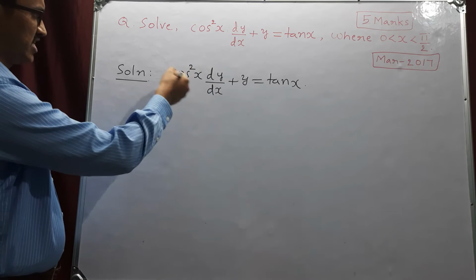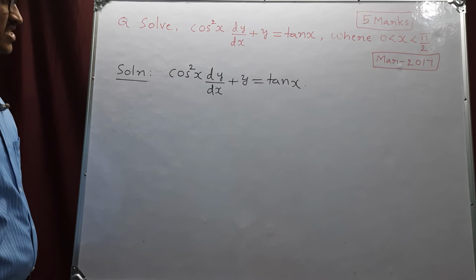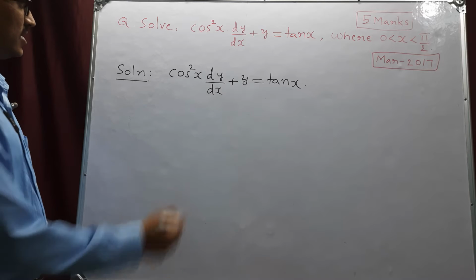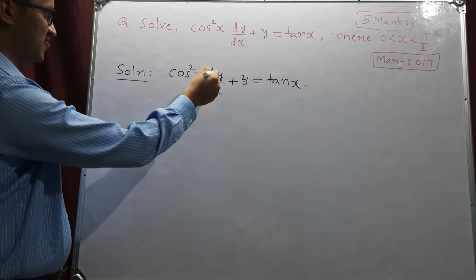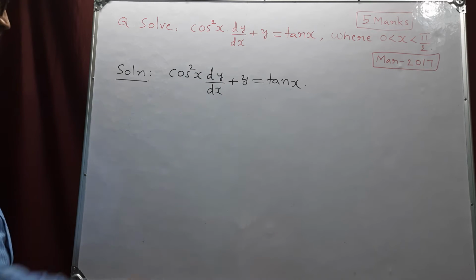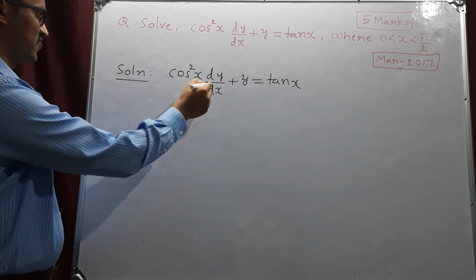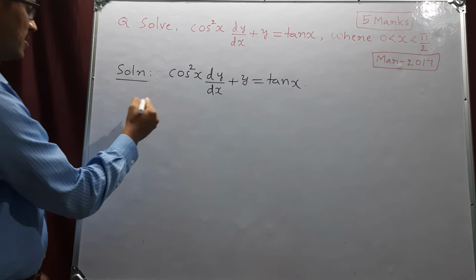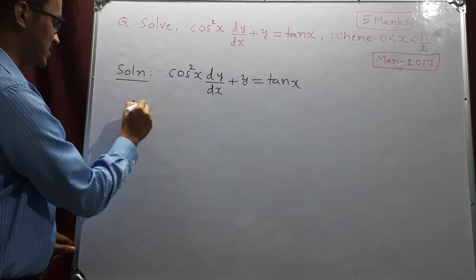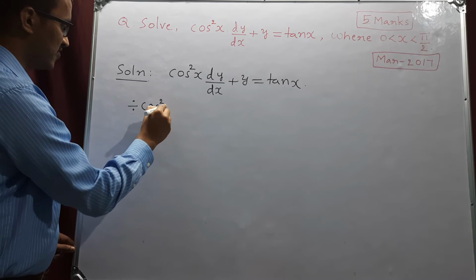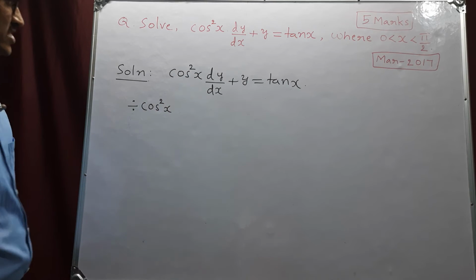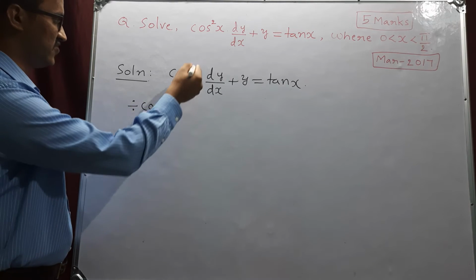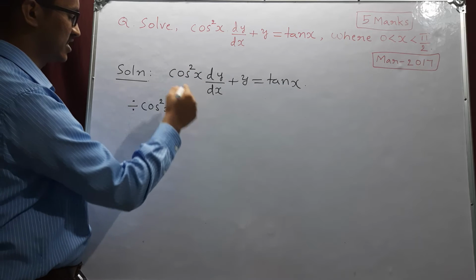To check this, let us make the coefficient of dy by dx as 1. To make this as 1, we have to divide both sides of the equation by cos square x.